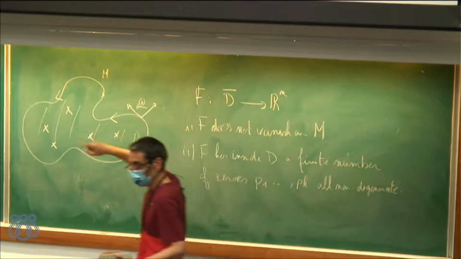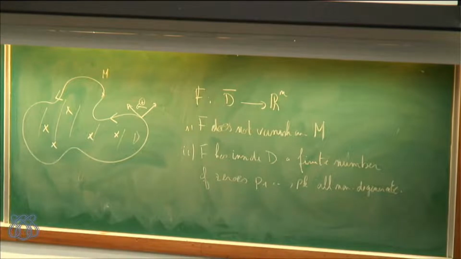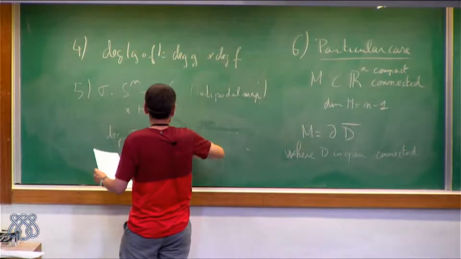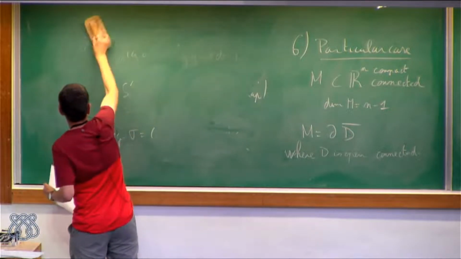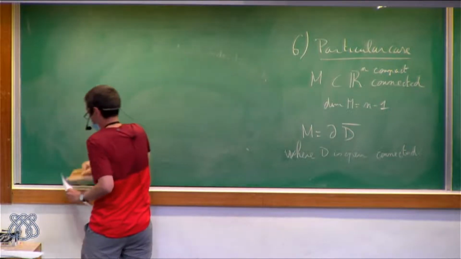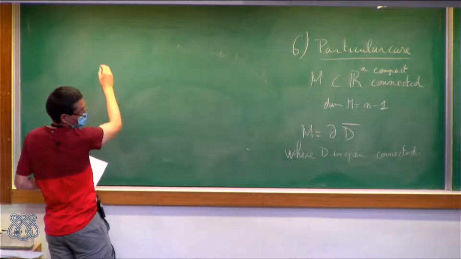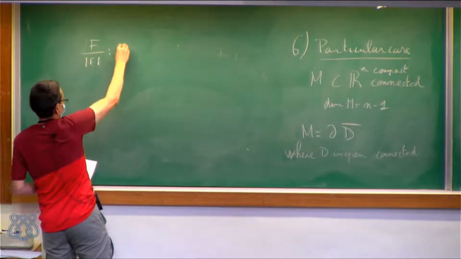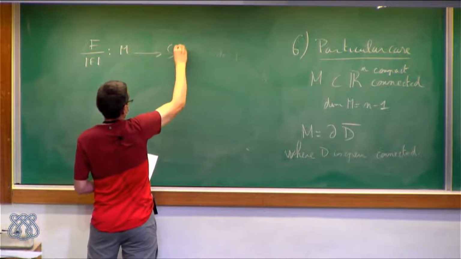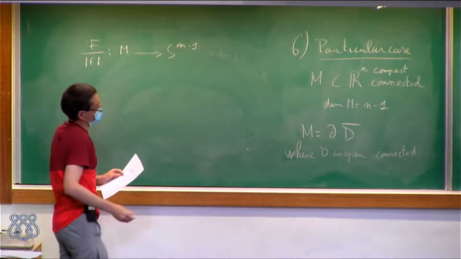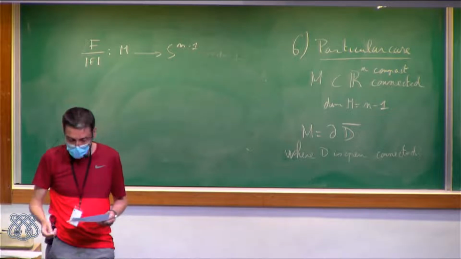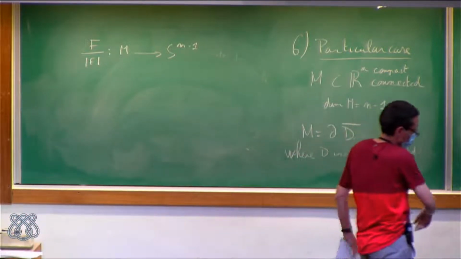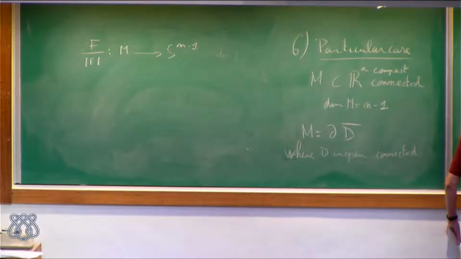This gives a mapping from M to the unit sphere. So it has a degree, and we can compute the degree thanks to the zeros that are inside D.